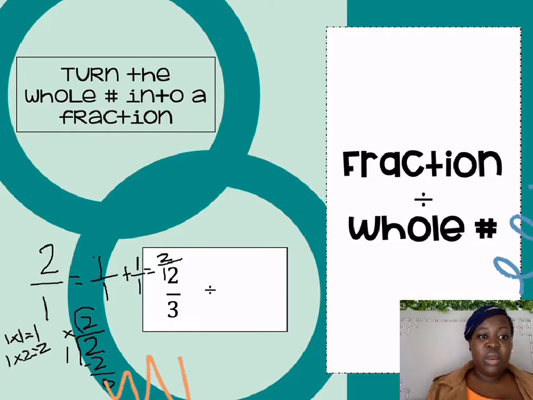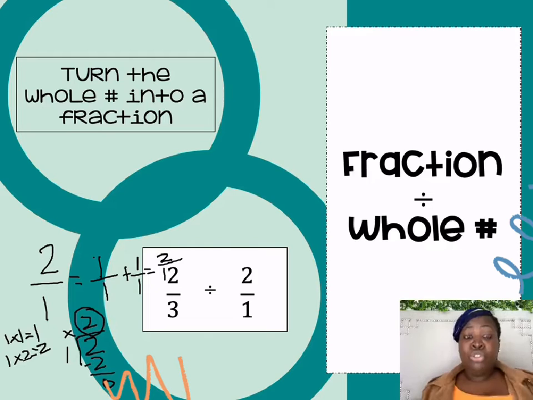So you see, you have the 2 in your answer. It's okay if you have a whole number and you turn it into a fraction by putting your denominator as 1. That is totally fine because as you can see, we just proved it by dividing. You get the same thing. Now let's go on. You have 2/3 divided by 2 over 1.